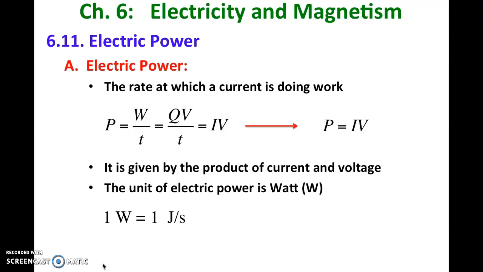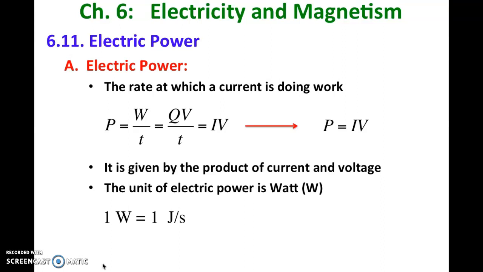Electric power is a quantity defined as the rate at which a current is doing work. Dividing the current work done, Q times V, by time t, and replacing the ratio of Q and t as current I, we have the electric power given by the product of current I and the voltage V. So P equals IV.